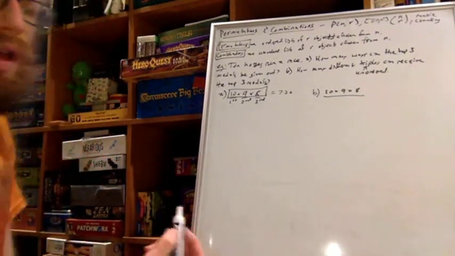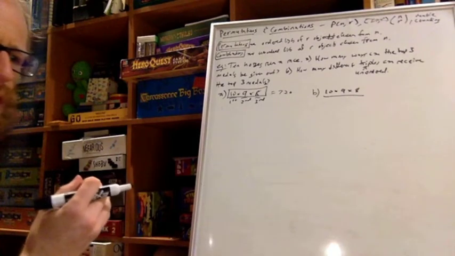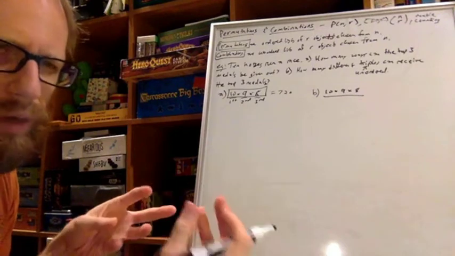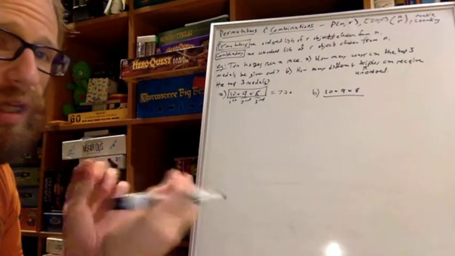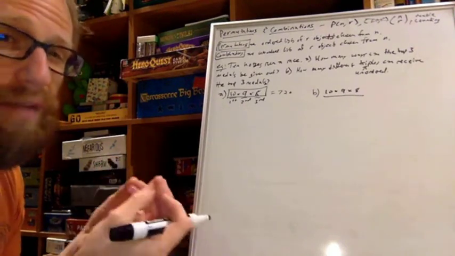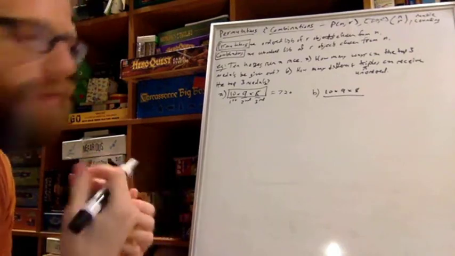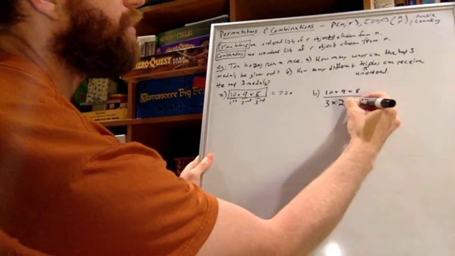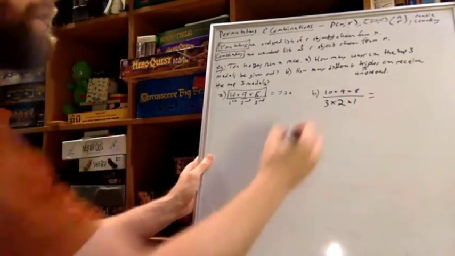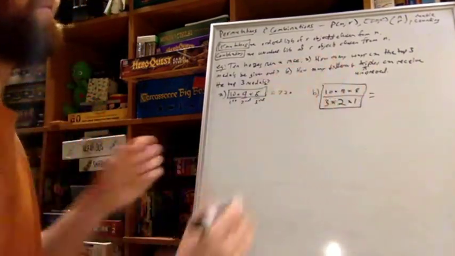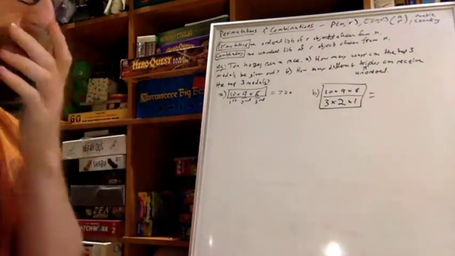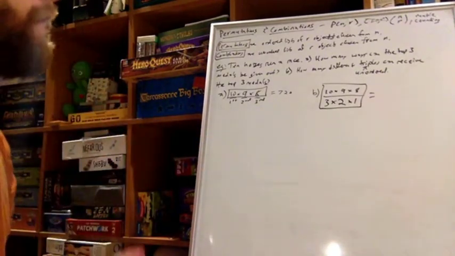So when we were doing the thing with the different letters in the words, we had like A1, A2, A3, whatever. And when we had three things to arrange, we divided by 3 factorial. We divided by 3 times 2 times 1. So if I've got 3 things to arrange, I'm going to divide by 3 times 2 times 1. And this is really kind of the answer I'm looking for. I'll show you an alternate form of both of these answers that I would be looking for or would accept.